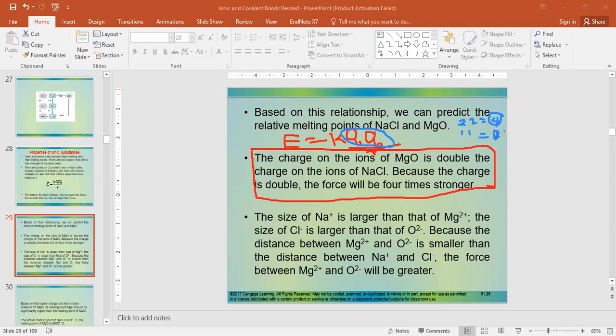Sodium chloride. But then we have said that R here is the distance, and this distance is going to be influenced by other factors, for example, the size of that particular ion. And this is what is explained here. But before we go to this one, I want to ensure that you have understood this first.